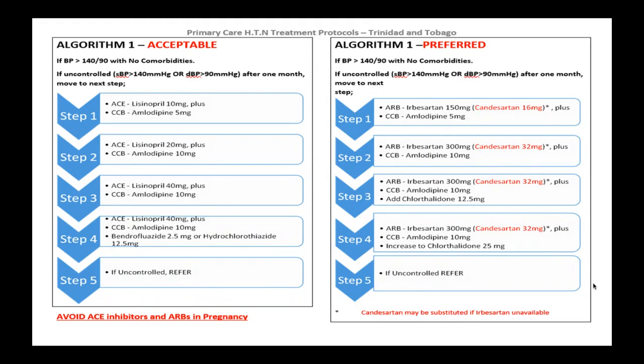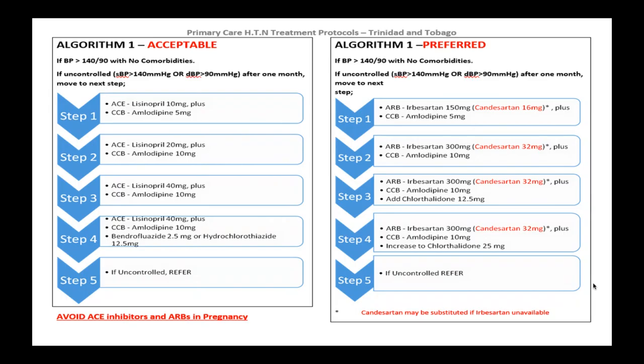If you look on the right, you start with an ARB, irbesartan 150, or candesartan, which is available at this point, 16 milligrams, and you add, so it's a combination therapy to start with. You add a calcium channel blocker, amlodipine 5 milligrams, and then if the patient is still uncontrolled, not meeting target within a month, you move up to the next step and you double the ARB and increase the calcium channel blocker.